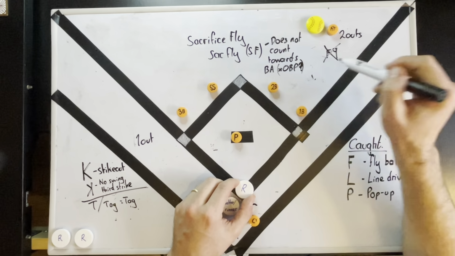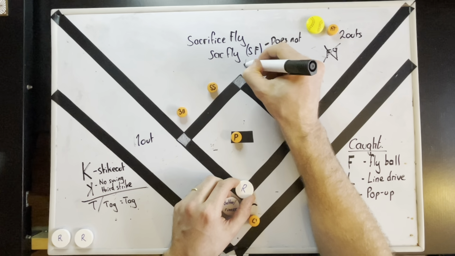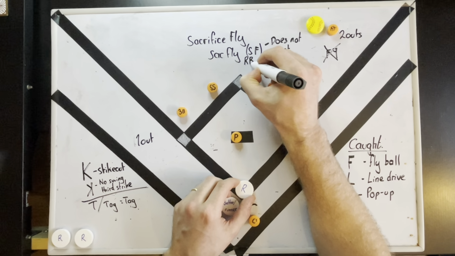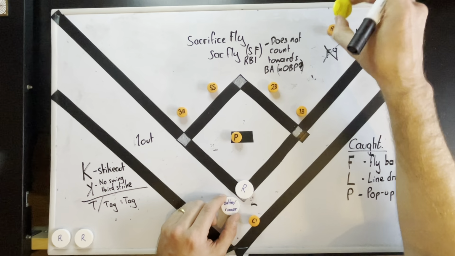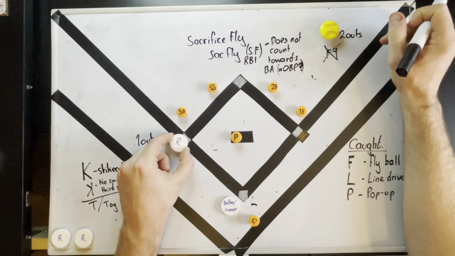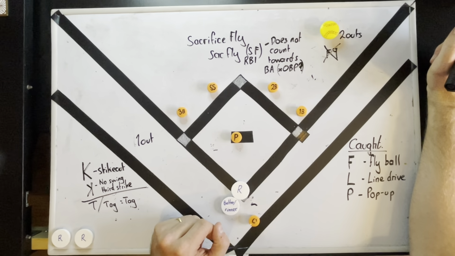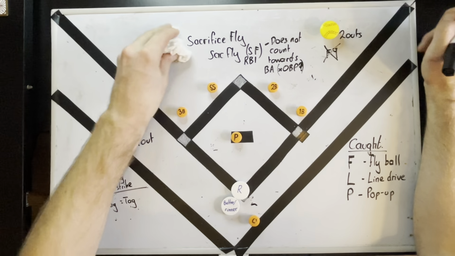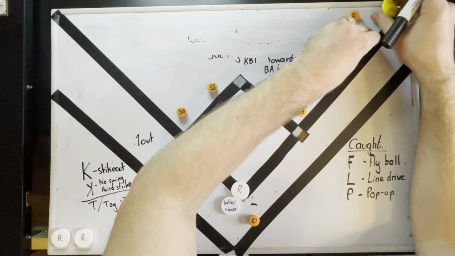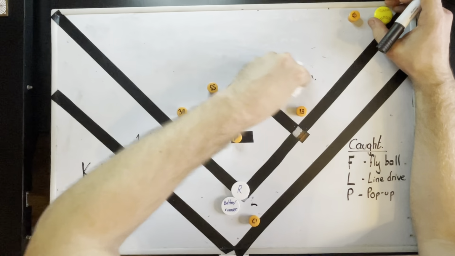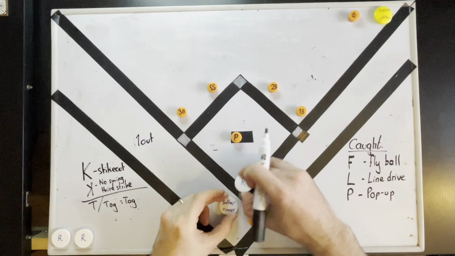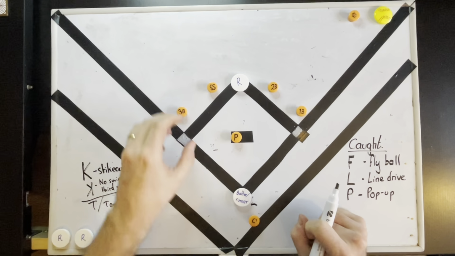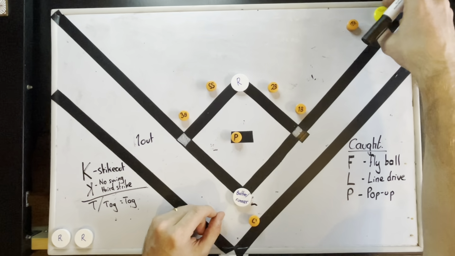So if you're accredited with a sac fly, you will automatically be accredited with an RBI as well, because it was your hit. Even though it was out, it was your hit that allowed the tag up to occur. So you might see a sac fly. Let's have a look at this situation here.